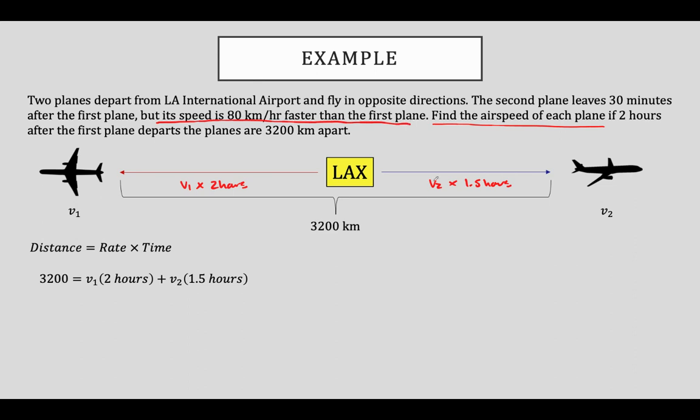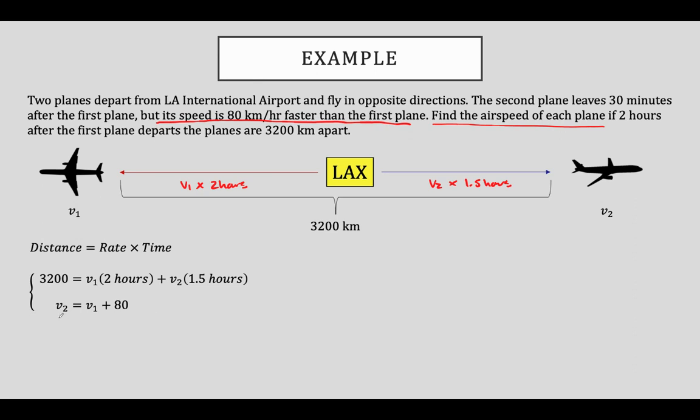That means V2, the speed of the second airplane, is going to be equal to V1 plus 80. It is 80 kilometers per hour faster than the first plane. So, what did we just do? We came up with another relationship between our variables and generated a system of two equations and two unknowns. So to solve this system, well, our best method here is going to be substitution.